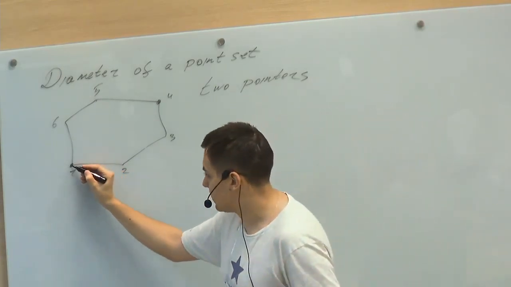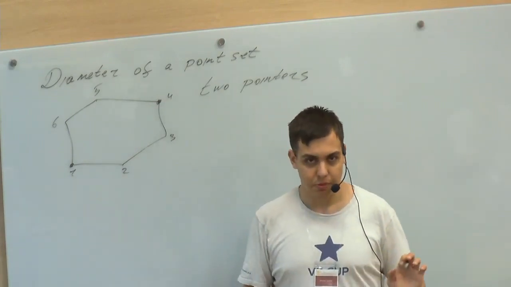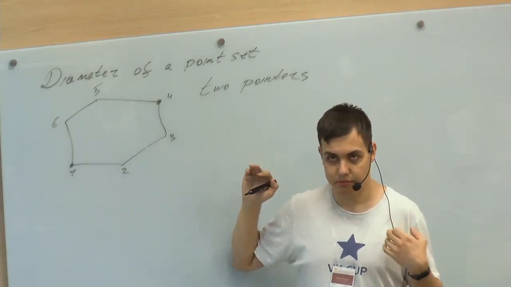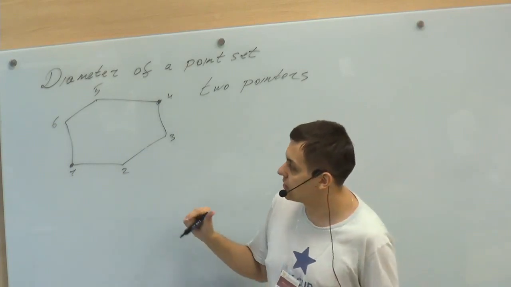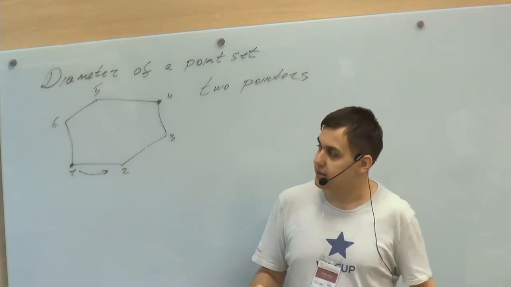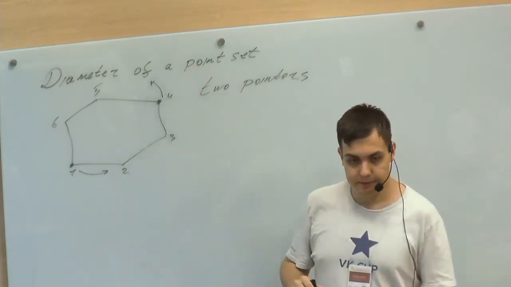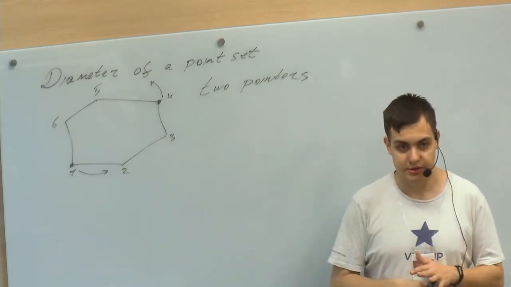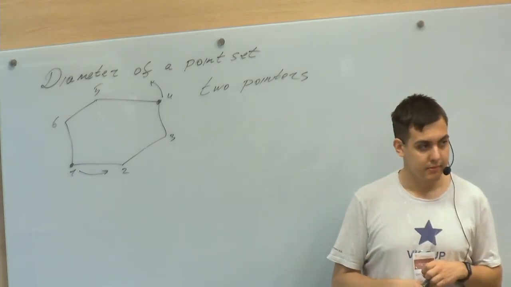So for example, for this one, this will be this point here, and we check, is this the larger distance? So we're going to find the maximum result. After we move counterclockwise, this point will also move counterclockwise. So it's a linear time algorithm with 2 pointers.